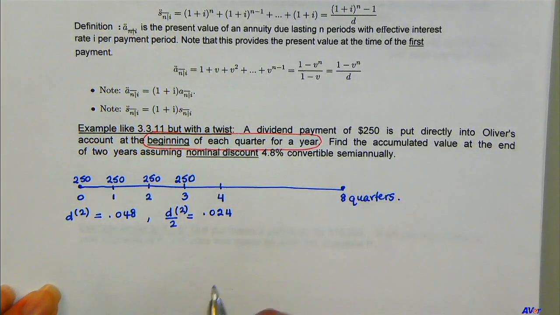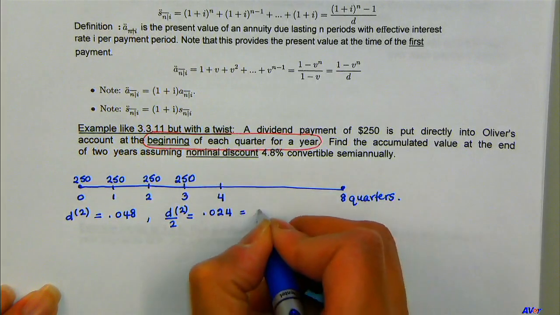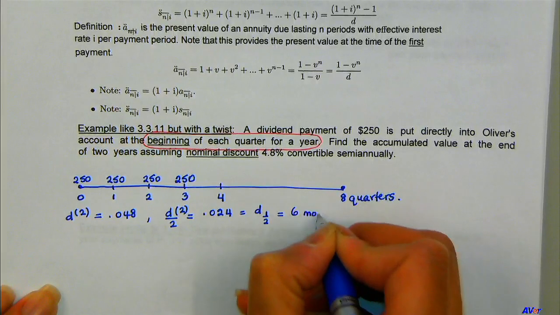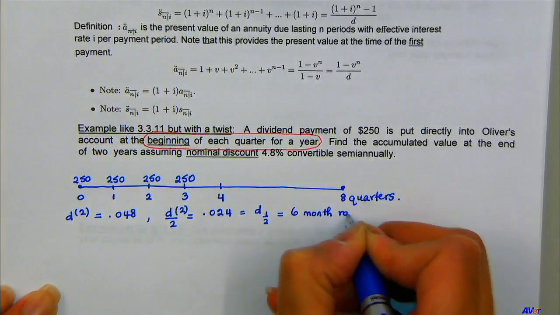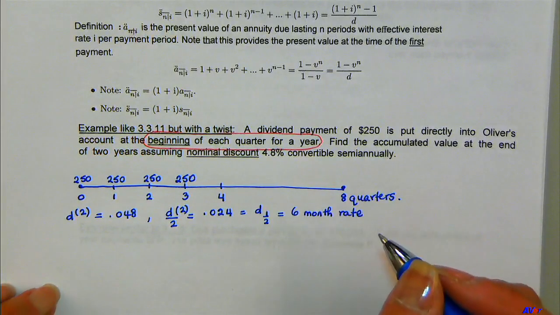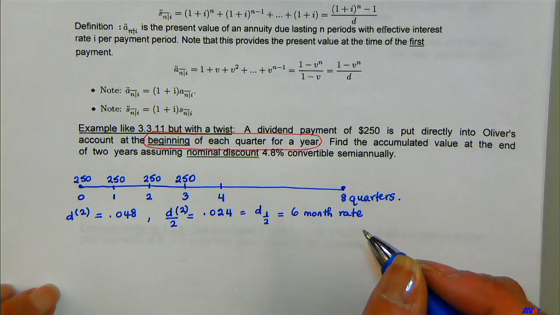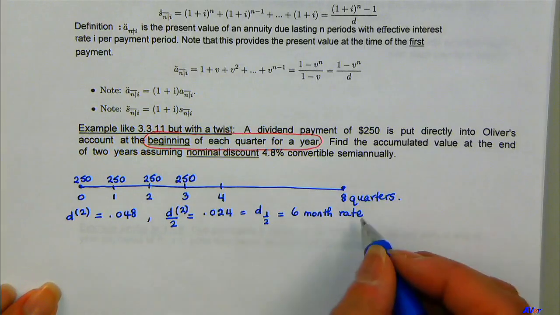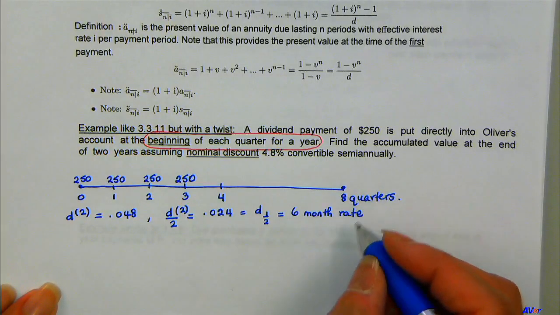And I don't want the 6-month rate. This is D 1/2, right? Which is the 6-month rate. I don't want that. I want the quarterly discount rate. So there are 2 ways to do this. You could do this directly, like this. I want the interest rate for the quarter and the discount rate for the quarter.